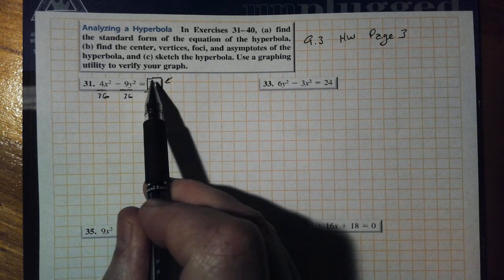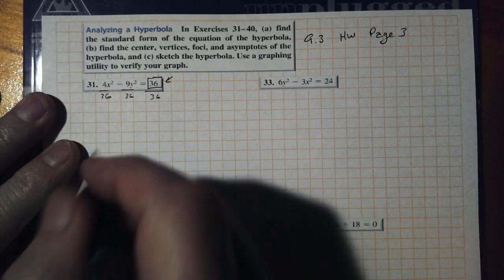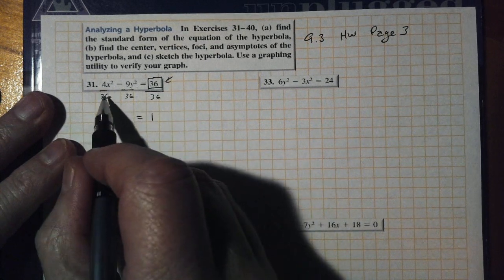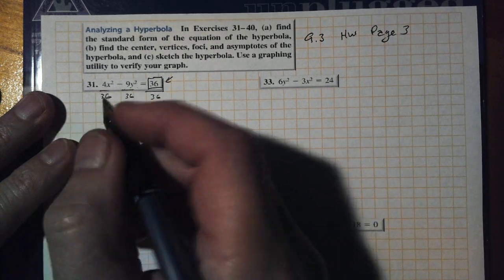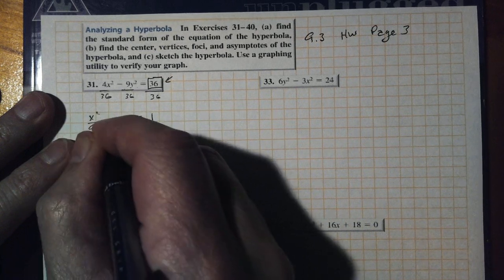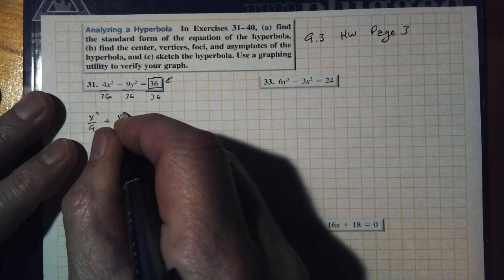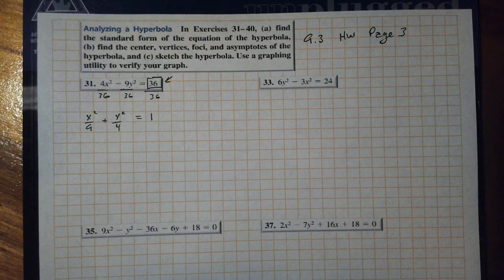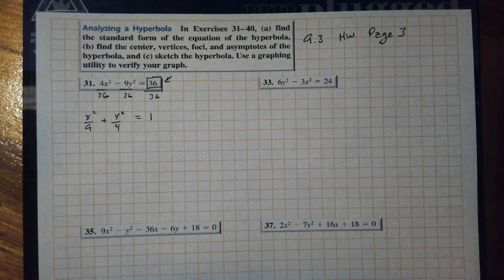That's not it at all. I want 1 over here, so we get equals 1. That's what we're driven by. It just so happens that this is a nice little coordinated problem where I get x squared on 9 plus y squared on 4.